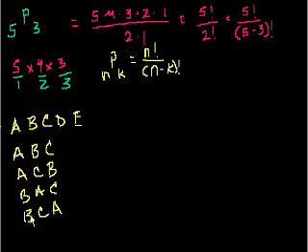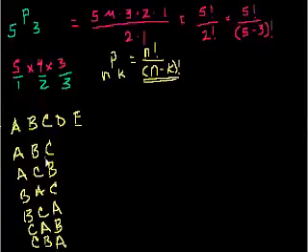So how do we figure it out? Well, when we figured out the permutations using this formula, we counted, for example, ABC, ACB, BAC, BCA, and let's see, there should be 2 more permutations, CAB and CBA. We counted all 6 of these as different permutations.